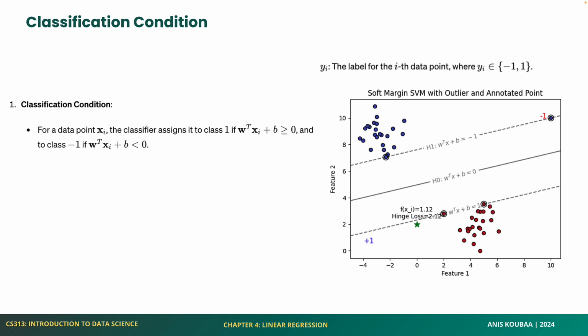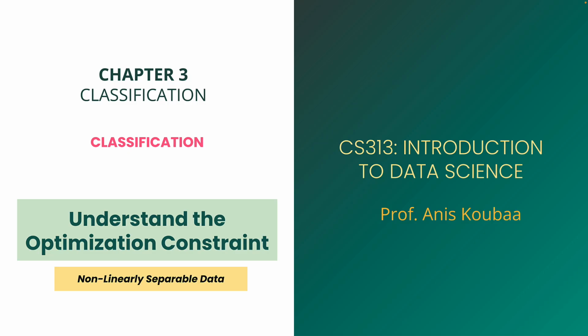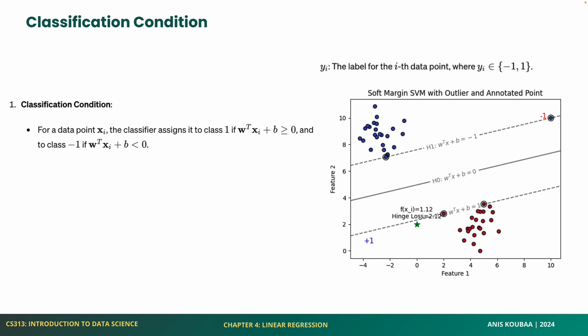Now we're going to talk about constrained optimization. So we have yi, the labels, either equal to -1 or 1, and we have a classification condition. What is the classification condition here? If we consider only this line, the classifier assigns class 1 if I am above, if the decision function is greater than 0.